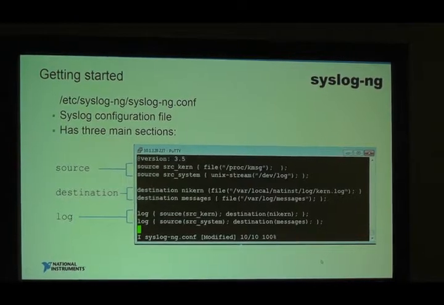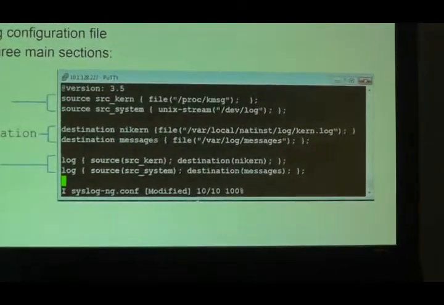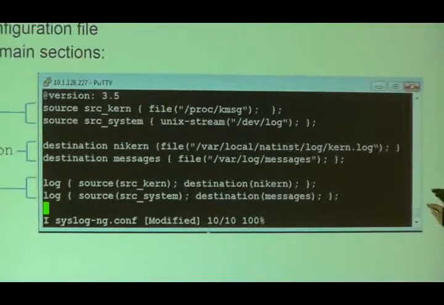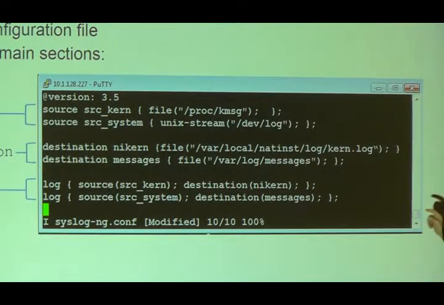Here's a very simple config file where I specified 2 sources for the events being logged on the CompactRIO or Linux system. The first source is my kernel messages coming from the Linux kernel. The second source is just the Unix debug string.